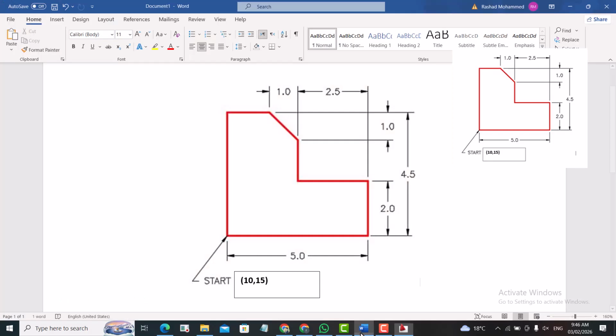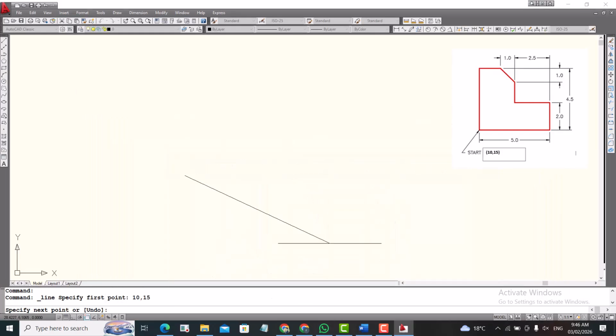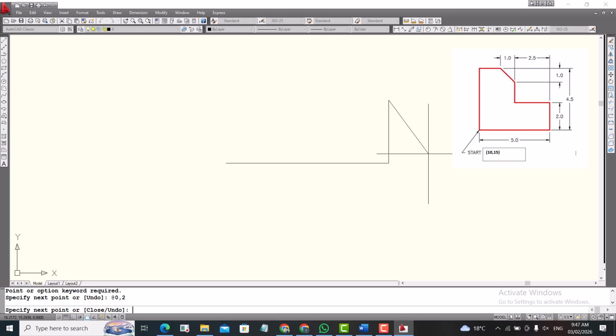Next point is 5,0. It is relative coordinate system, so I have to add @. You have to know by yourself. @5,0. Good. Next point again, relative coordinate @0,2. Enter.